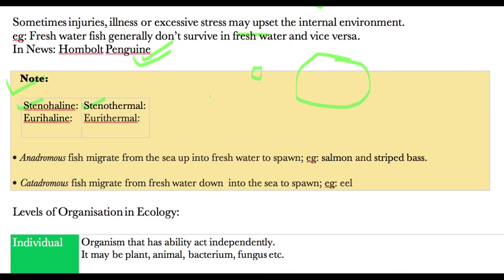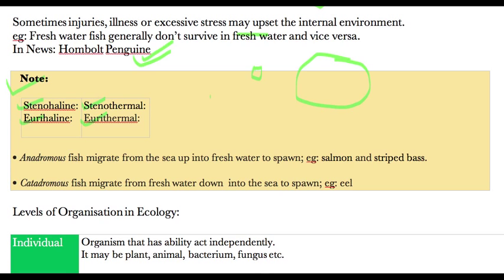Then you have euryhaline, the fishes or aquatic animals which can survive in a large range of haline differences, that is salinity. So they can survive in marine as well as freshwater environments. And you have eurythermal, those animals which can survive in a larger range of temperature.